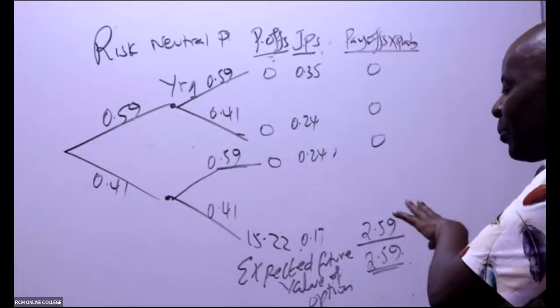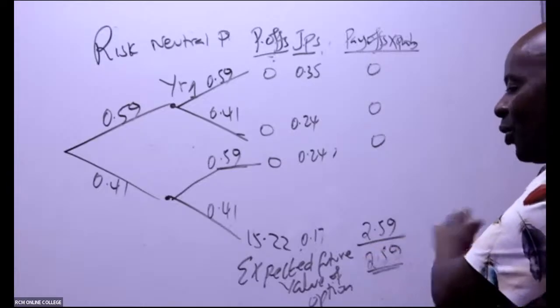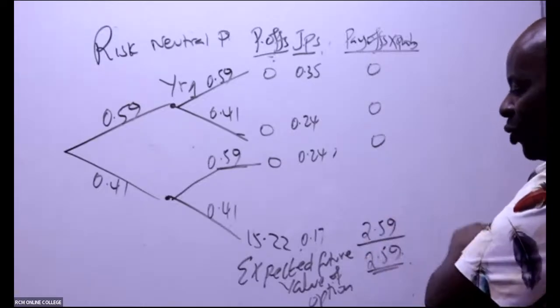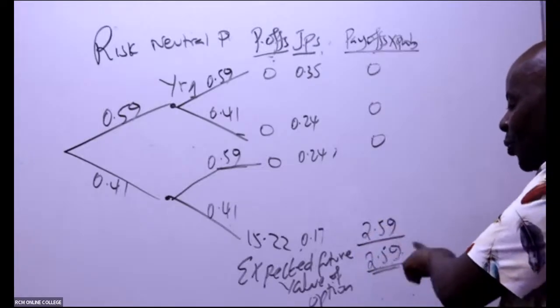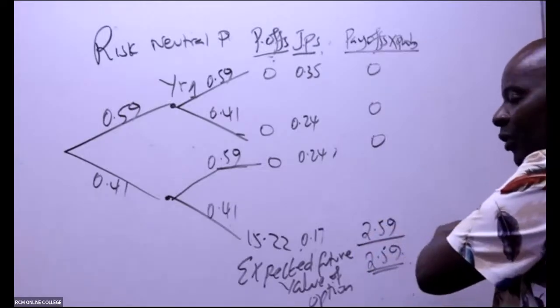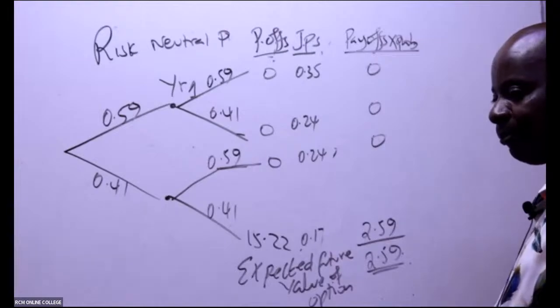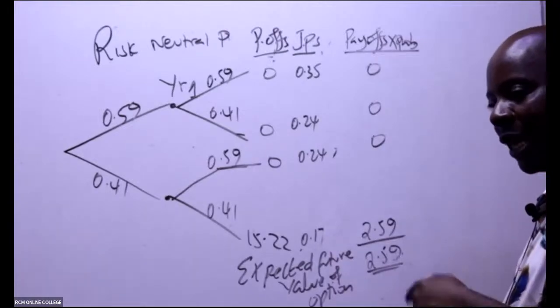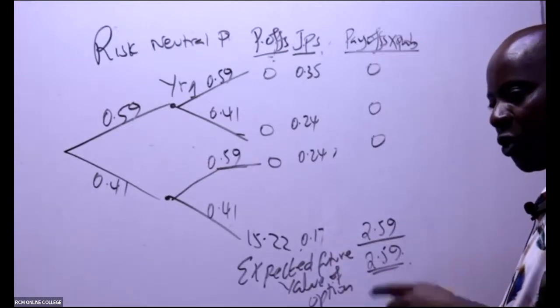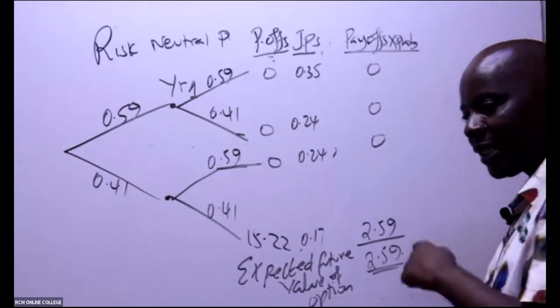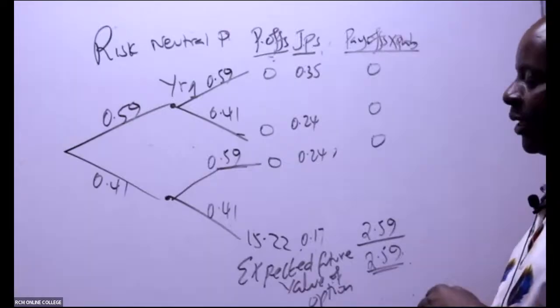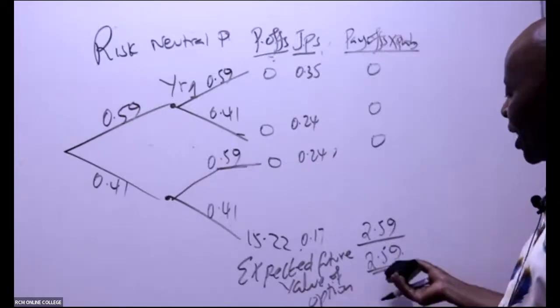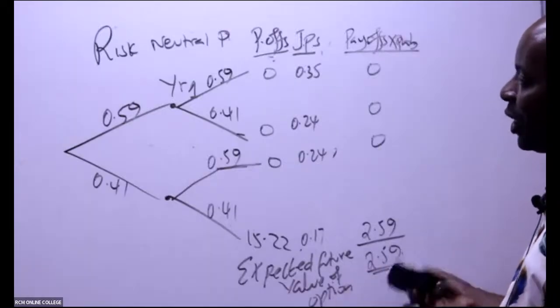But you want the present value using the binomial tree. So what shall I do with this figure to make it present value? We need to discount it at the risk-free rate.